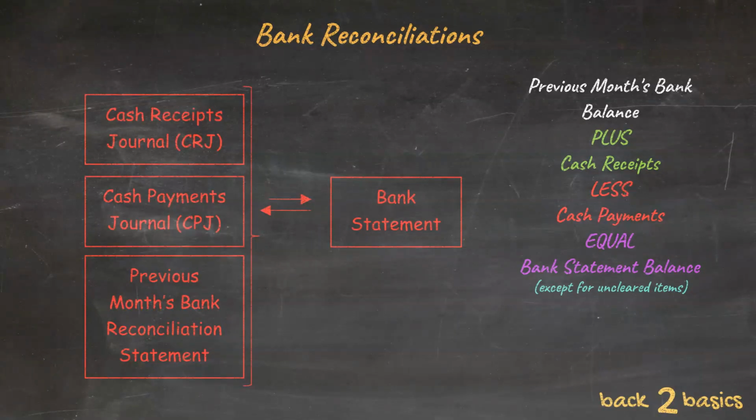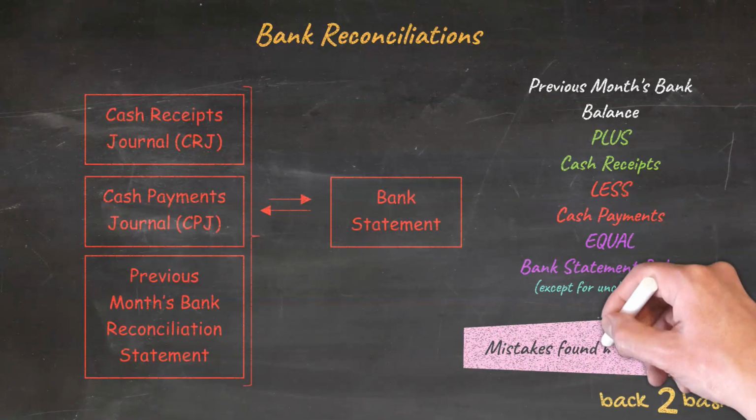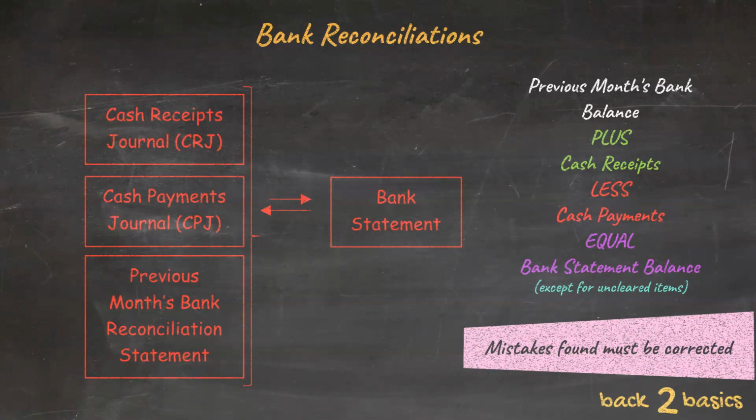So if there is a difference between your calculated balance and your bank statement balance, this should equal your uncleared items. If it doesn't, then that means a mistake was made, either in the cash receipts journal or in the cash payments journal, and it needs to be investigated and corrected.